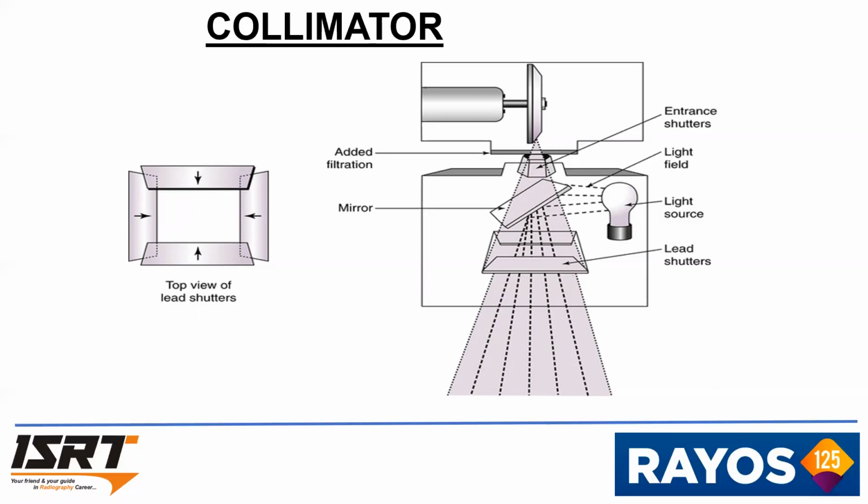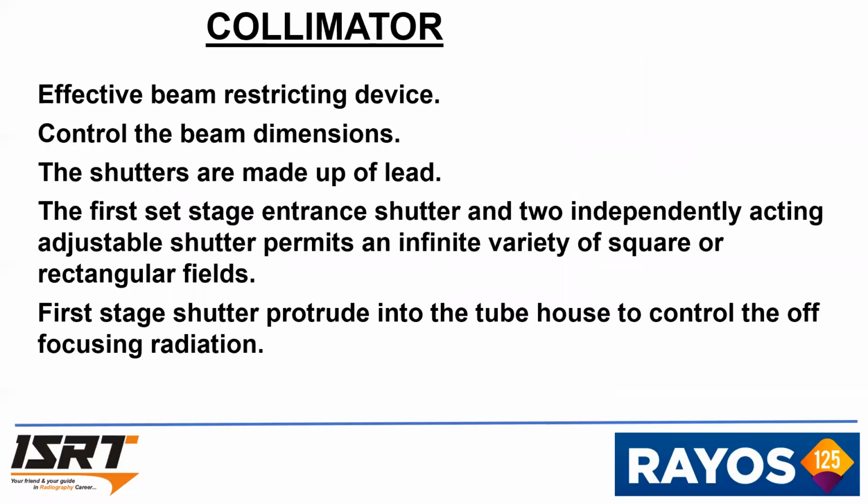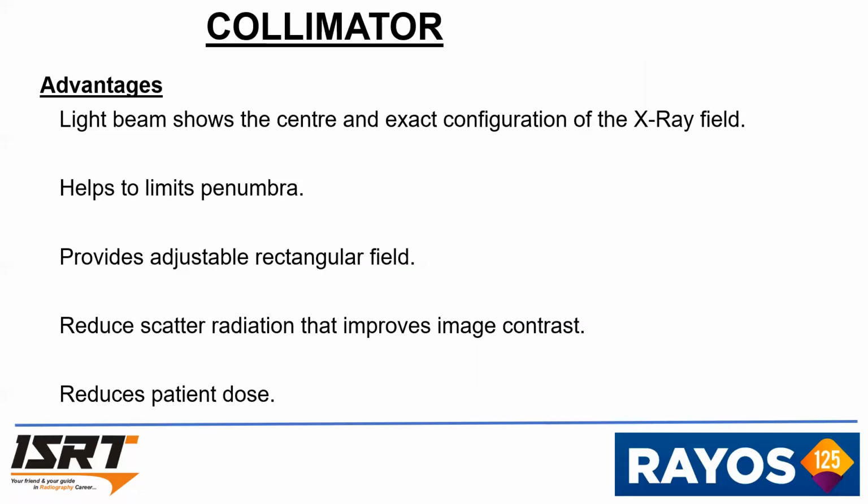If the collimator bulb is mounted too far from the X-ray tube target, the X-ray beam will be smaller than the light beam. That's the reason the bulb is kept close to the X-ray tube. What are the advantages of using these collimators?